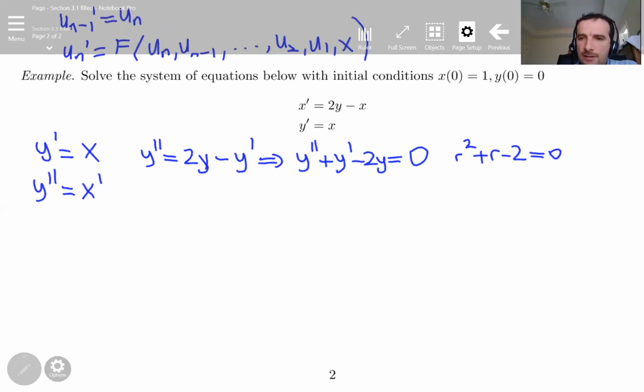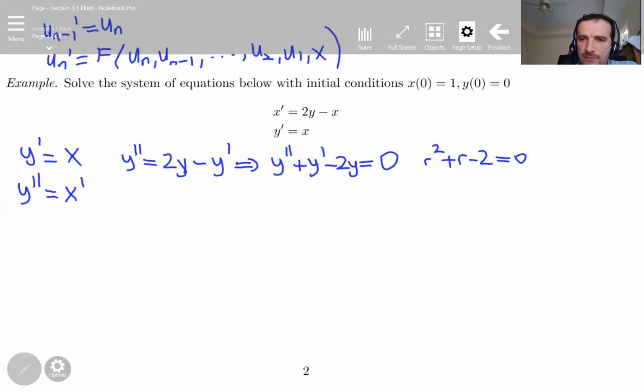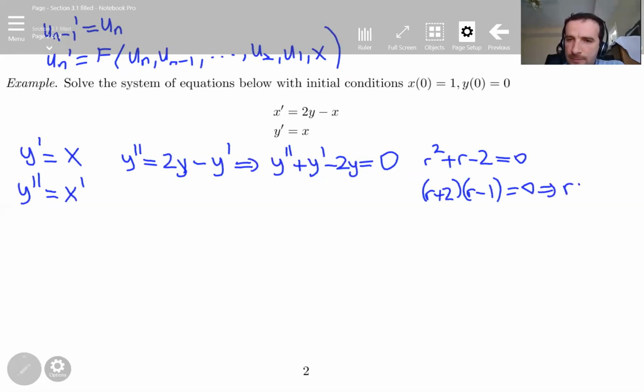If I factor it, it's r plus 2 times r minus 1, equal to 0. That's why r is equal to minus 2 or 1.